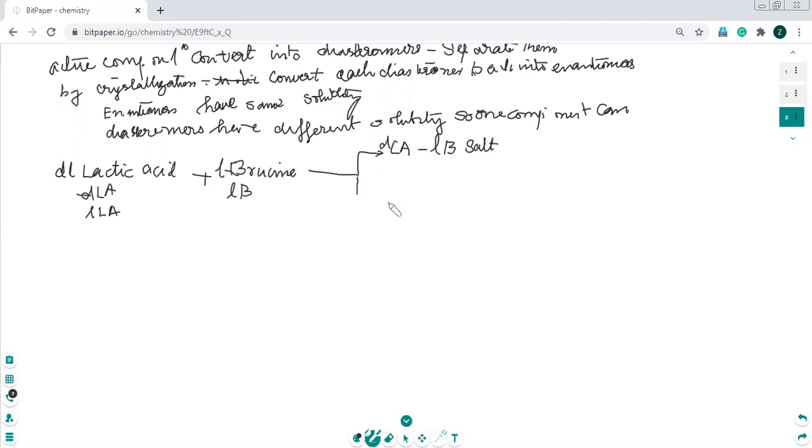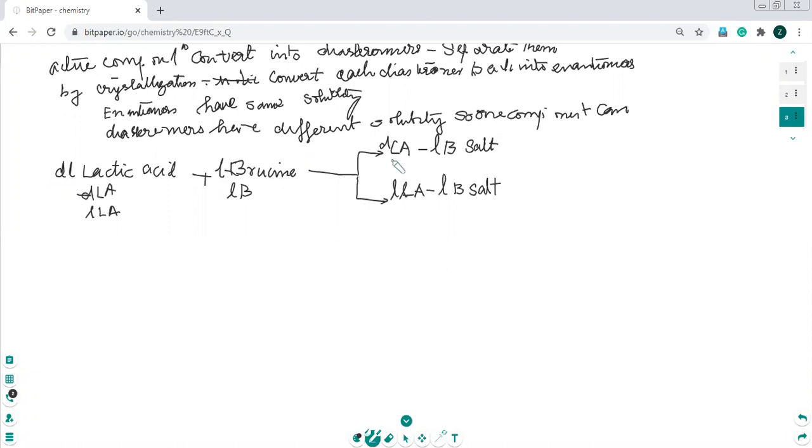And the second one, L lactic acid, L brucine salt.